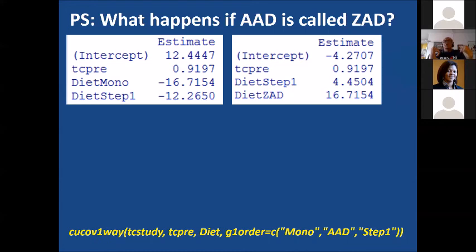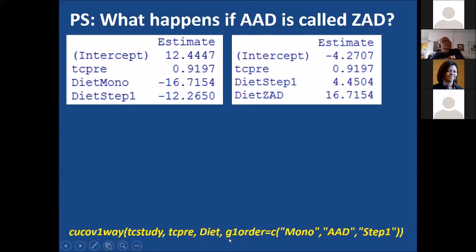And so AAD is made the reference group by the package, by R, by CU one way, etc. But if the reference group should be a different group, then you have to do something about it. Either you can change your variable names, so that the reference group comes first alphabetically, or what would be better is, you may want to try this.